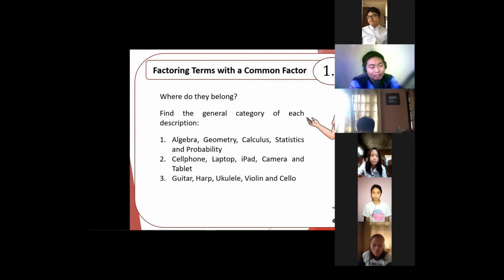Cell phone, laptop, iPad, camera, and tablet. What should be the category for that, Ken?